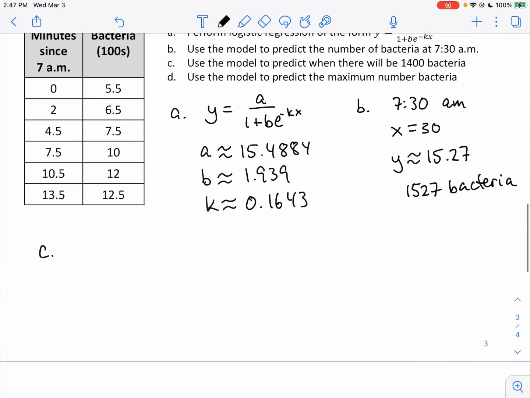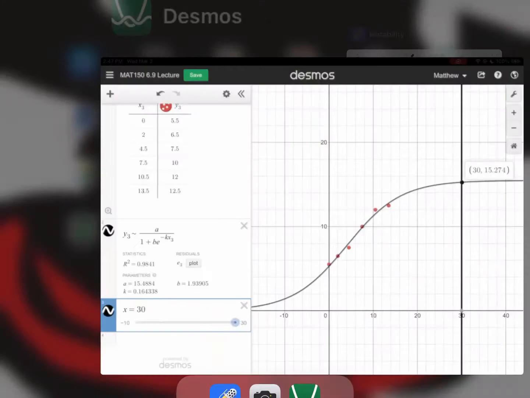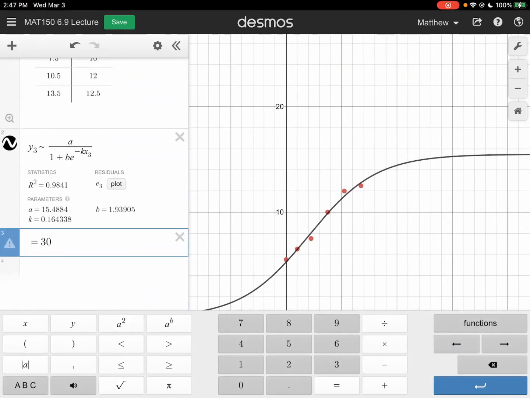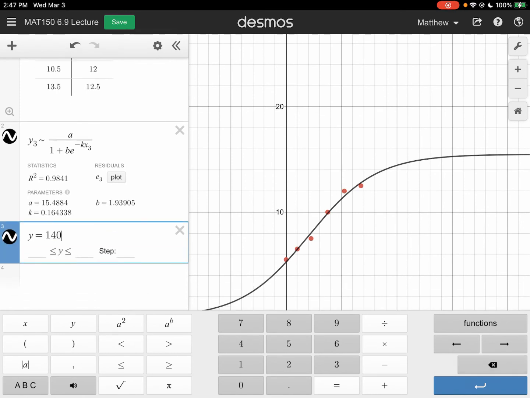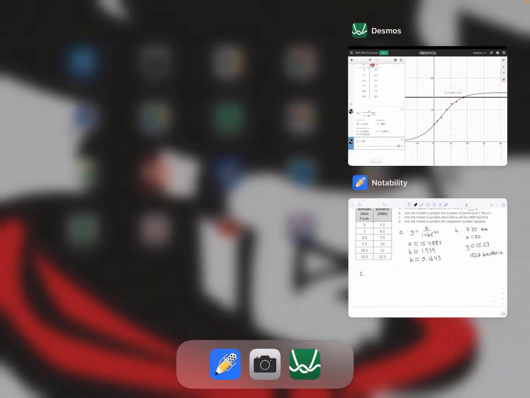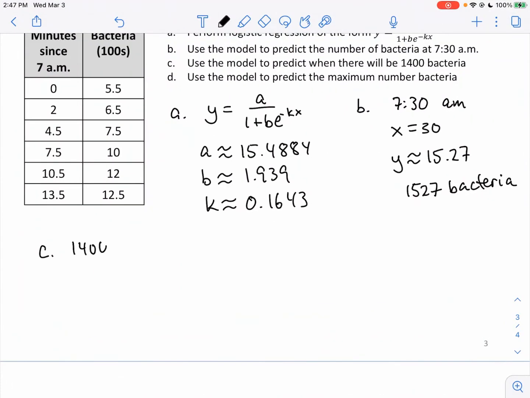Part C, use the model to predict when there will be 1,400 bacteria. Okay, so let's make a horizontal line. Y equals, and if you type in 1,400, that's going to be off our scale. Remember, 1,400 bacteria means that we really want Y just to be 14, because the Y coordinates are measured in hundreds of bacteria.